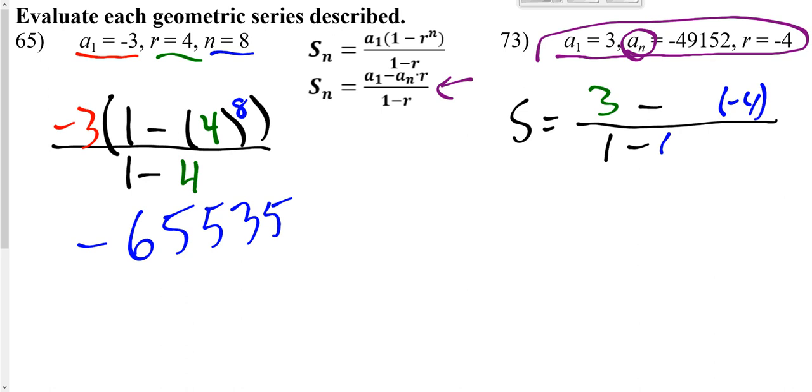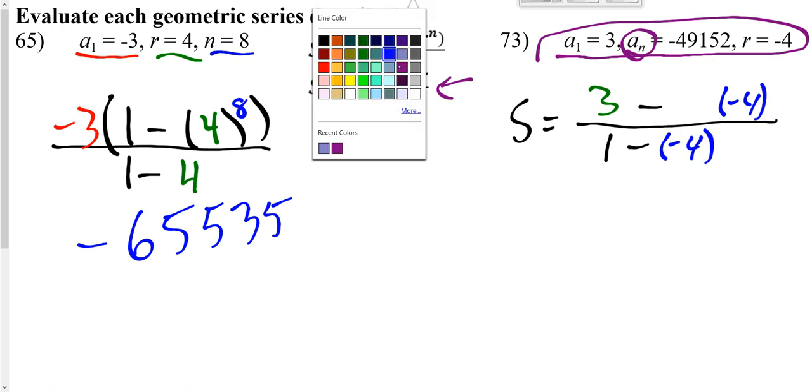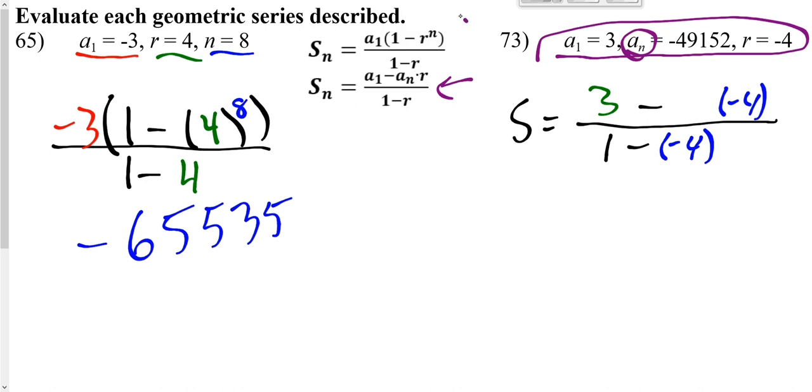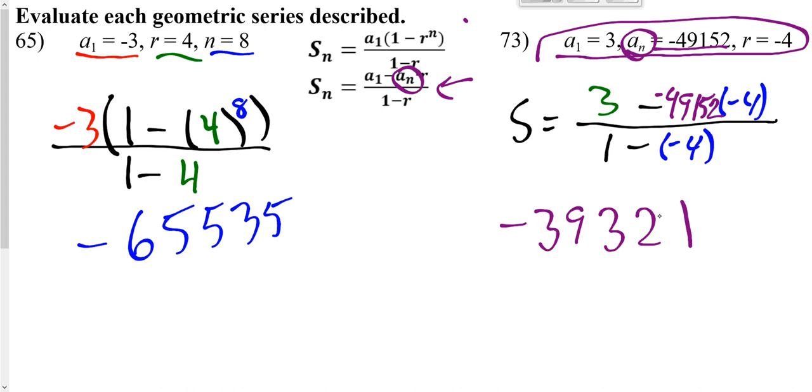And once again, I said typically put R in parentheses. And then I'm going to plug in what my a sub n is, which is this right here. And then you could just type it in as you see it, or you could type in the whole top in one set of parentheses and hit divide and then put the whole bottom in parentheses. If you would do that, you get negative 39,321. Doesn't make a difference.